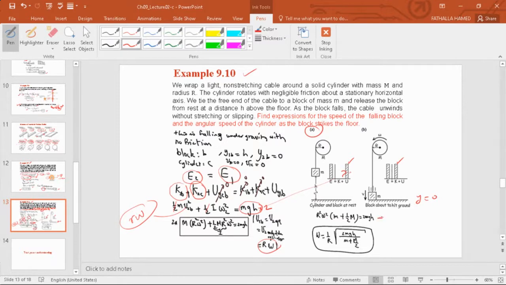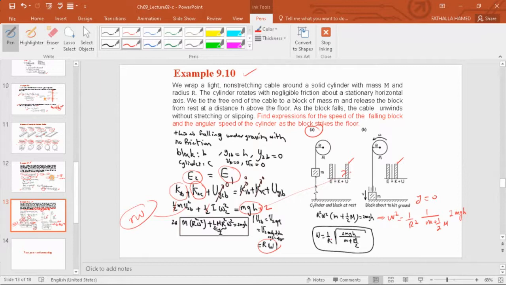So here you can say that omega squared will equal 1 over r squared times 1 over m plus 1/2 m, multiplied by 2mgh.